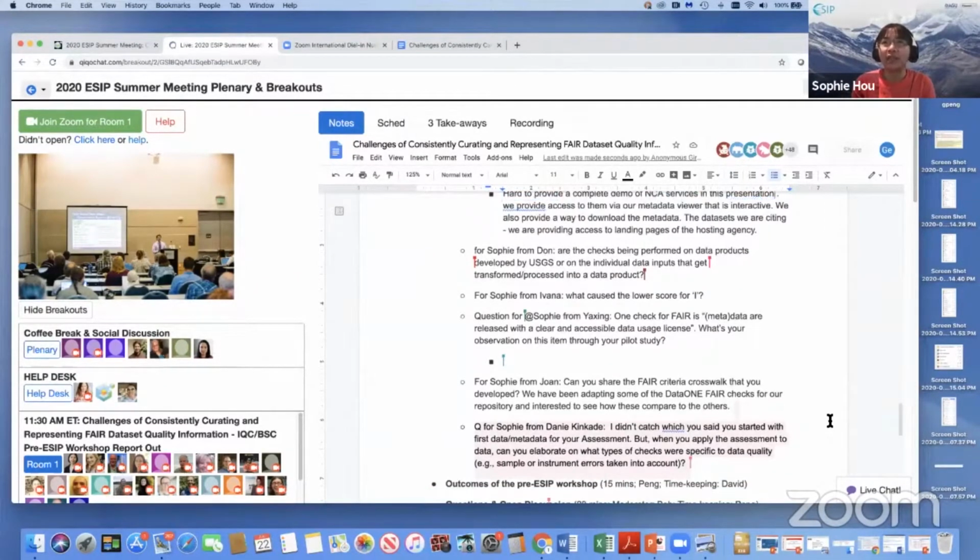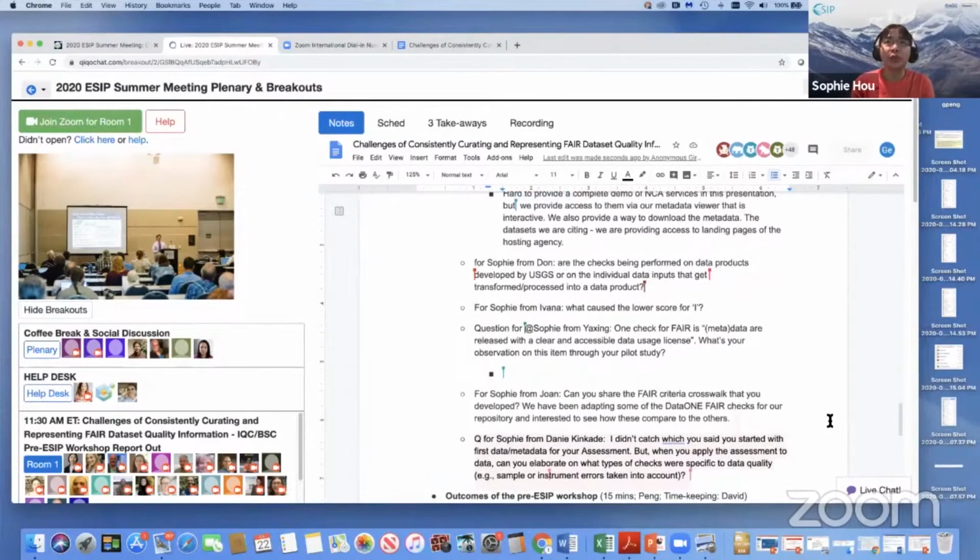clear and accessible data usage license, in our assessment, or at least in the preliminary assessment, we actually broke that up into 2 segments. The first is the clear part, and then the accessible part. Because for the clear part, for USGS data, it's actually quite straightforward. USGS data is in the public domain. So we don't really have any specific requirement or any kind of restrictions.